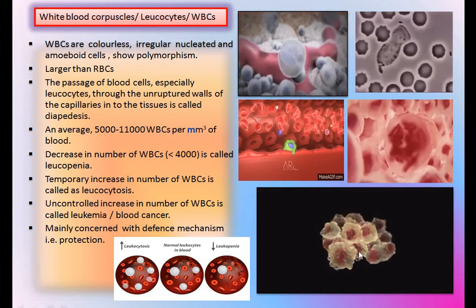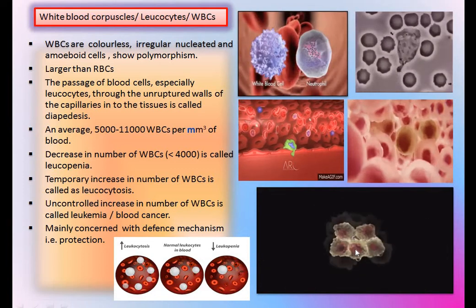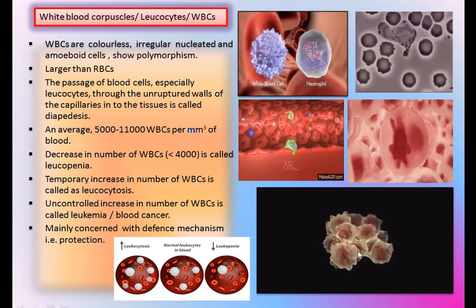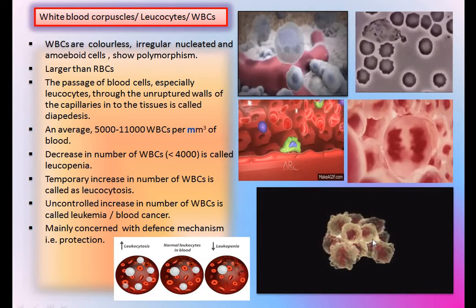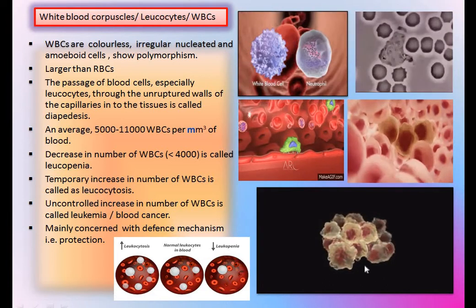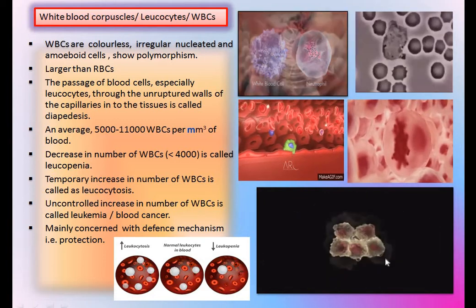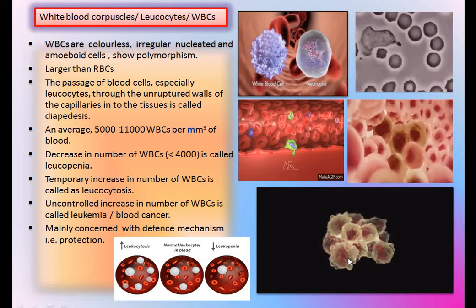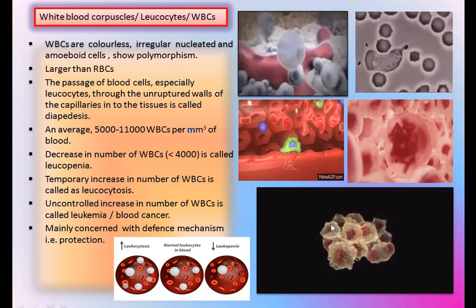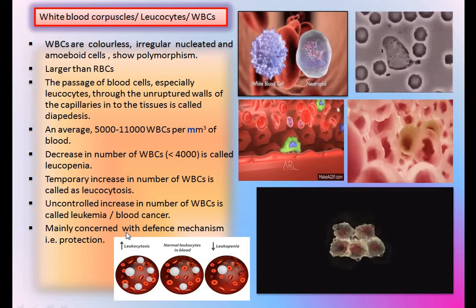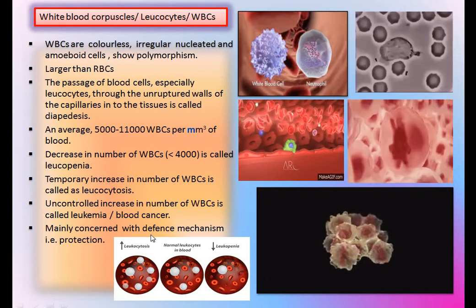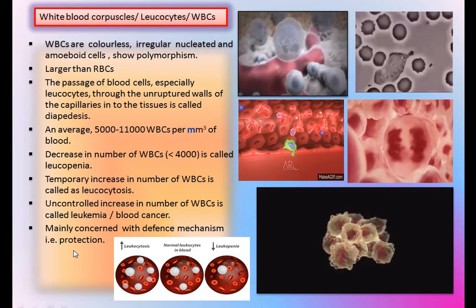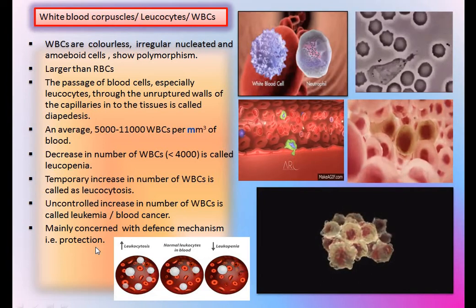See carefully, the uncontrolled increase in number of WBC is called leukemia, or blood cancer. Here the cells, their number increases. Mainly WBCs are concerned with the defense mechanism, that is protection.